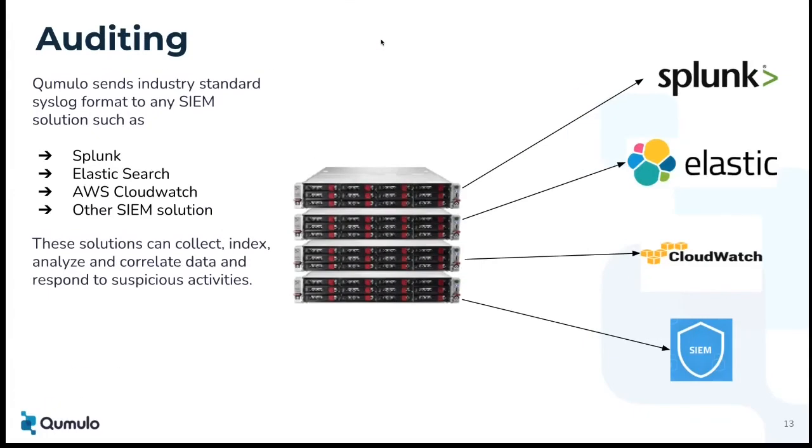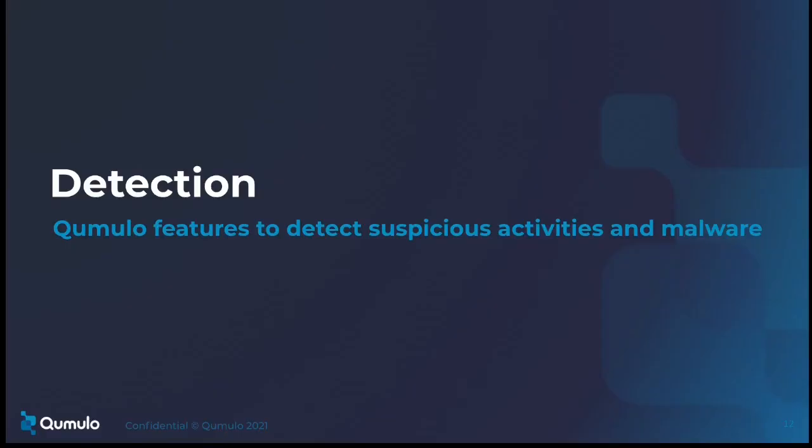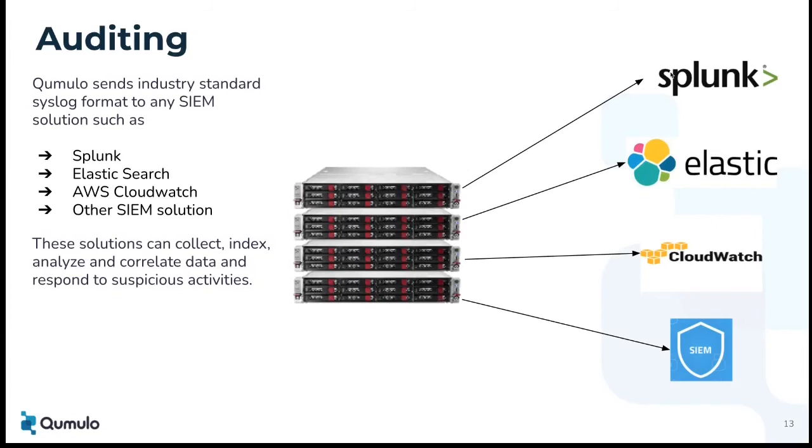All right. Moving on. Let's see how Qumulo supports detection of malicious activities and malware. The most important thing, if you consider a security strategy, is likely auditing. Because whatever happens, you cannot look into the future.